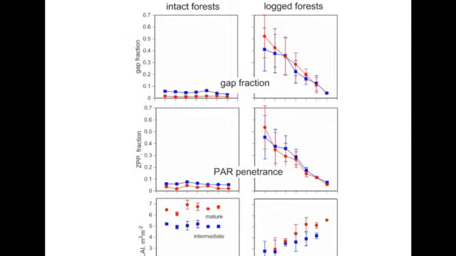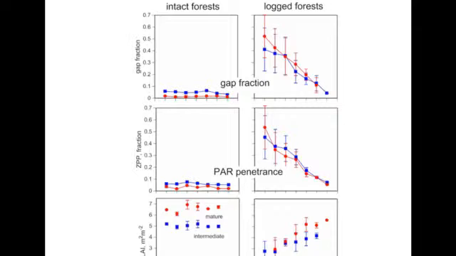Now, as I mentioned earlier, we measured a bunch of things that our PCL system can help with. And I want to show you how those relate to other things that are of interest. So in the top 2 panels, we have the gap fraction, the fraction of the overhead occasions where you actually could see sky. The mature, that's the red, and the intermediate forests, that's the blue, are very dark.